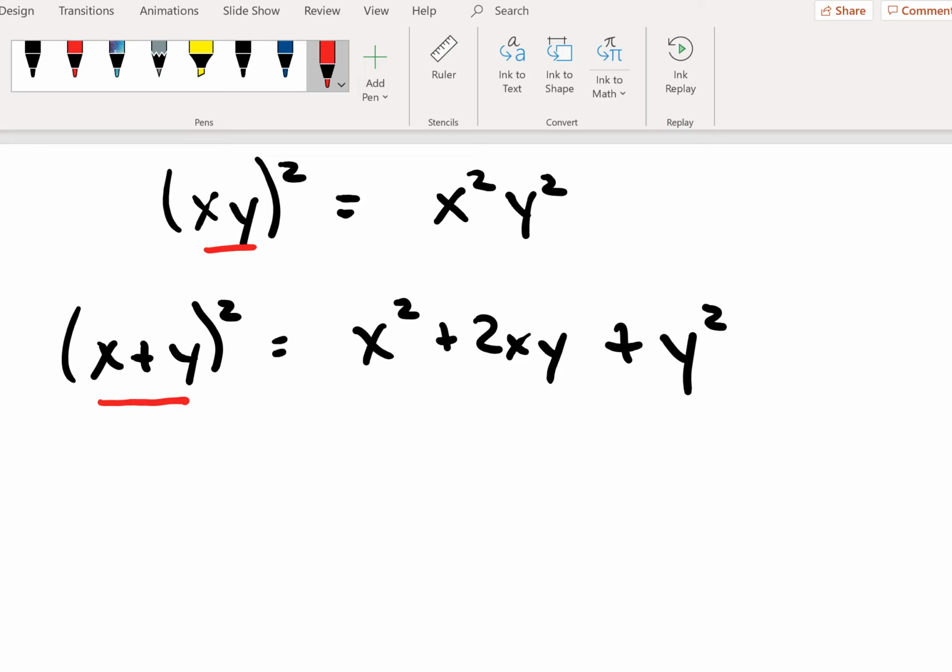We have established that x plus y, the quantity squared, gives us x squared plus 2xy plus y squared, and we can see that this is definitely not equal to x squared plus y squared. So we should have established by now that when you have addition and subtraction operations inside the base, you have to execute your expansion of the exponent and apply the appropriate distributive rules to the structure.